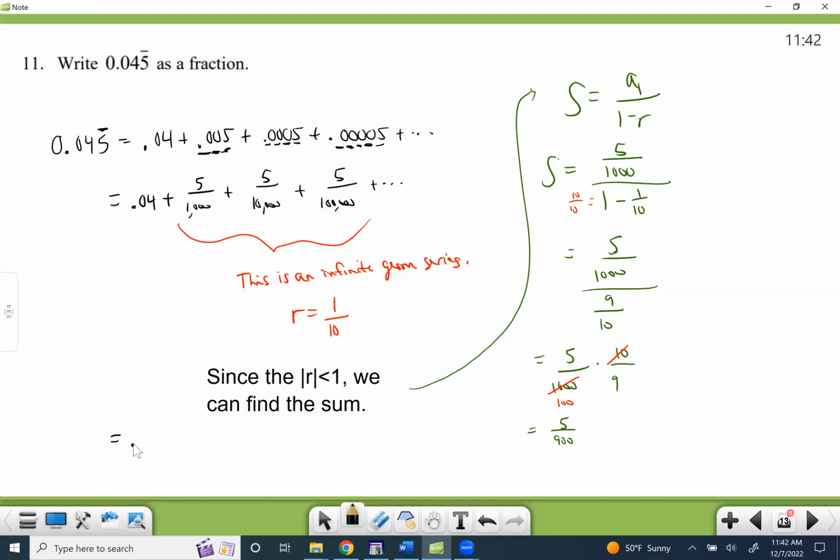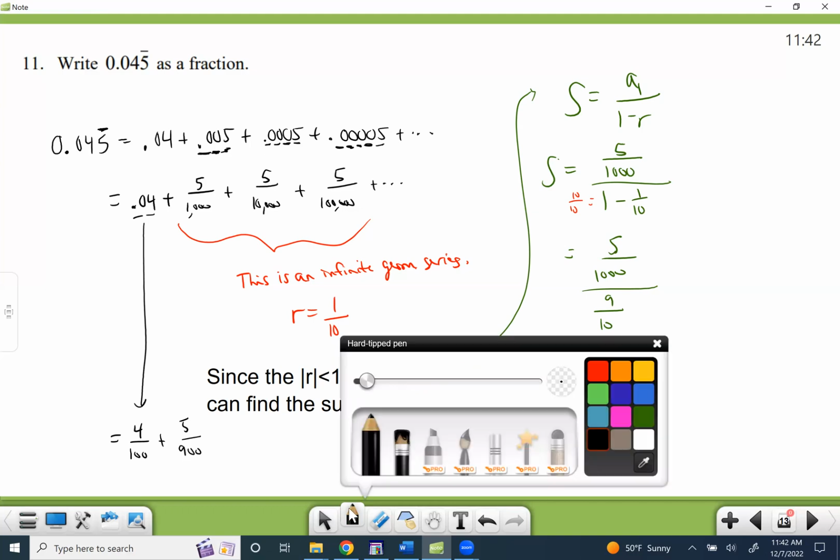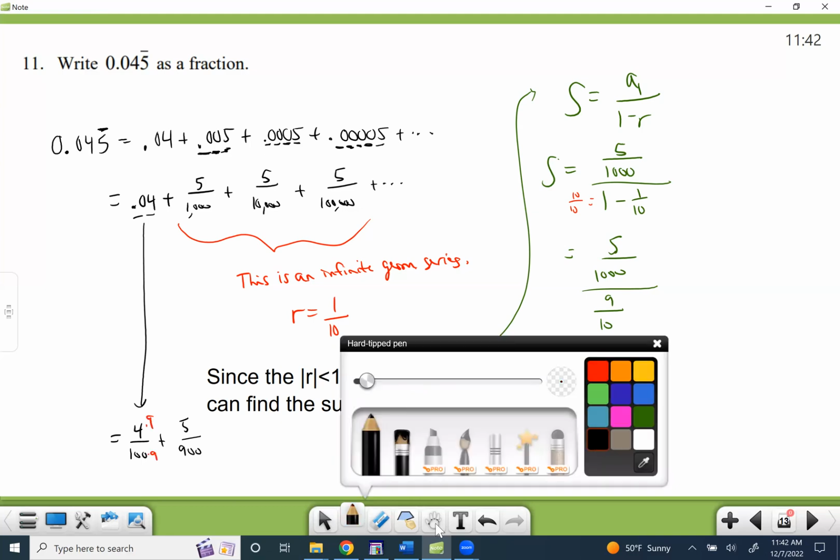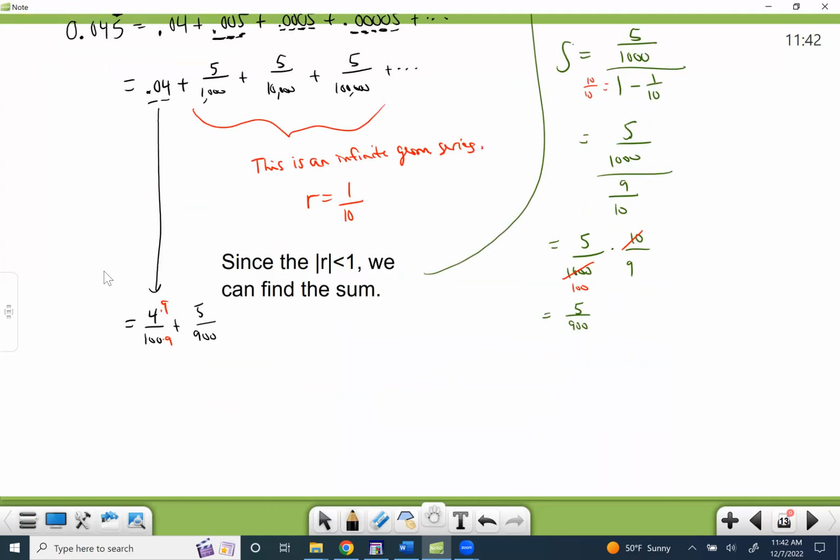I still have to take the 0.04. I should turn 0.04 into a fraction: tenths, hundredths, so it'd be 4 over 100 plus 5 over 900. I'm going to just multiply by a quick 9. So this is going to become 36 over 900 plus 5 over 900.